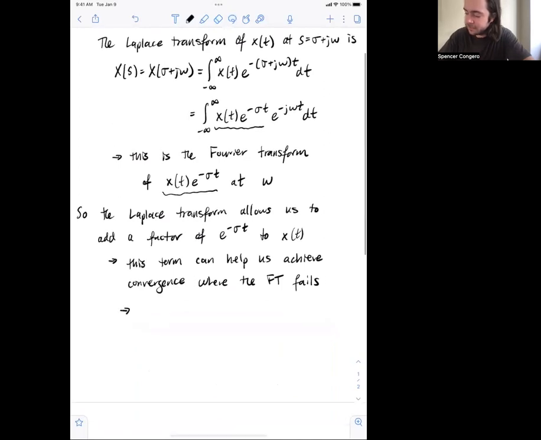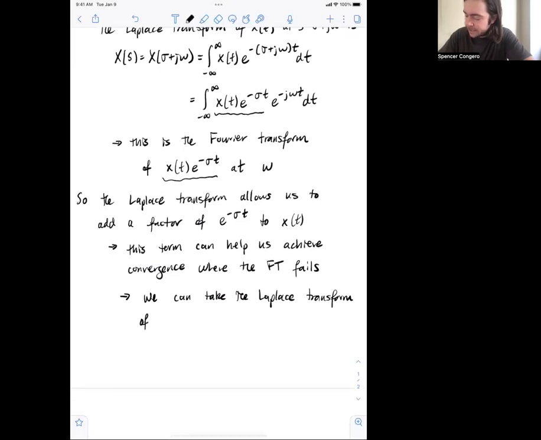Well, the Laplace transform is more general, so I'll just write it here. We can take the Laplace transform of many more functions than we can take the Fourier transform of.